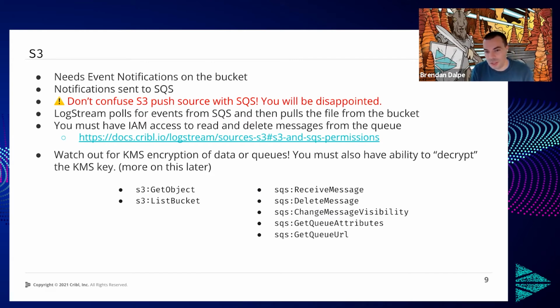If you choose SQS as your source, you're going to be very disappointed with the data that you see inside Logstream. You'll actually see the raw event notifications for the S3 bucket and not the data that's written to the S3 bucket. So make sure when you're setting this up not to confuse the two. You want to use the S3 push source.